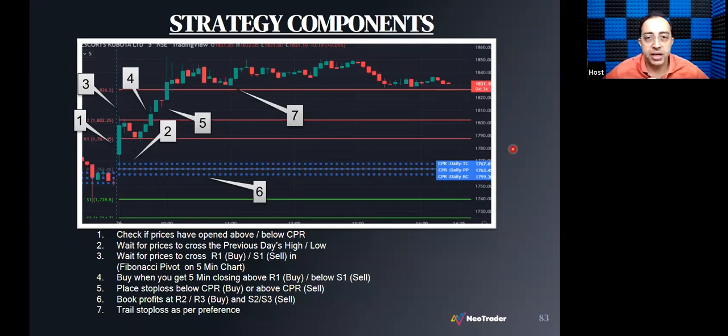If the prices are moving beyond R3, then you can take the next trade above R3, placing a stop loss below R2. So basically, you will have one trade which moves from R1 to R3, then another trade, if the trend is strong, which will move from R3 and beyond. How many of you got this?